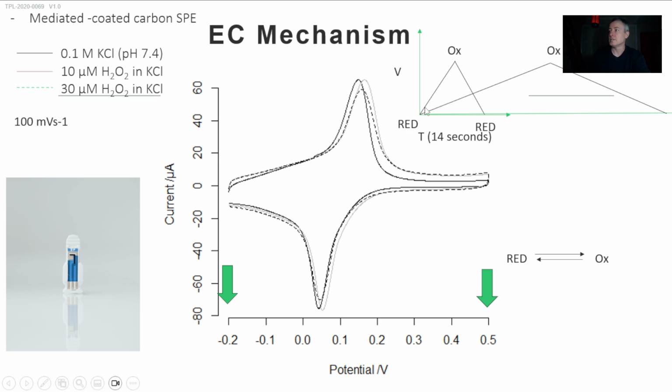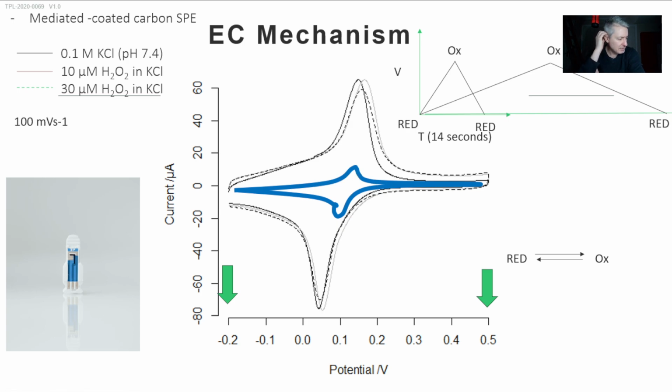Same experiment, but slower up and slower down. It just takes 10 times as long, but they would get a smaller CV, because the peak heights in cyclovoltammetry can be characterized by an equation called the Randles-Sevcik equation, which says that peak height is proportional to the square root of scan rate.